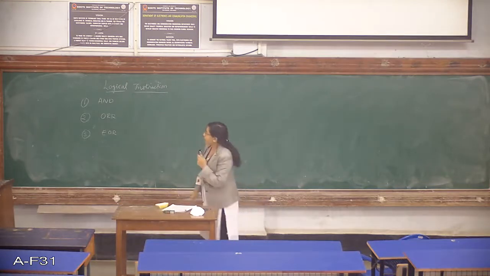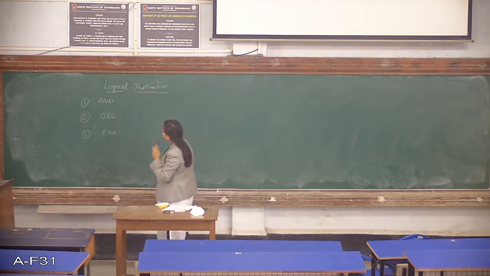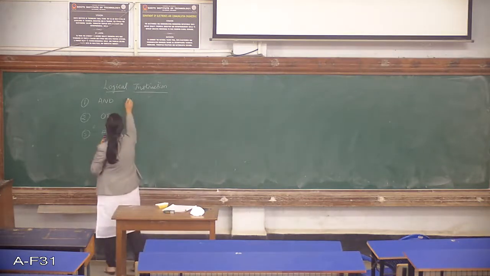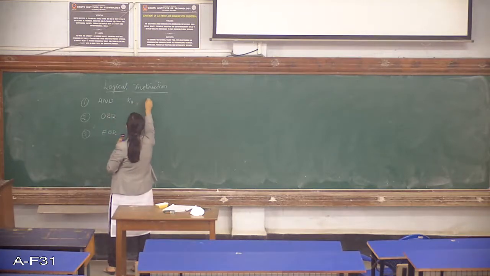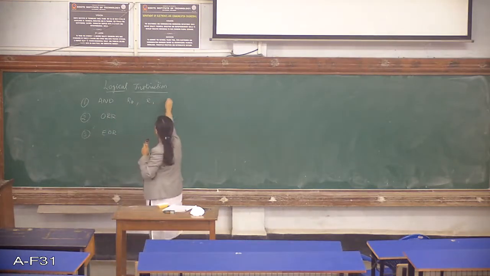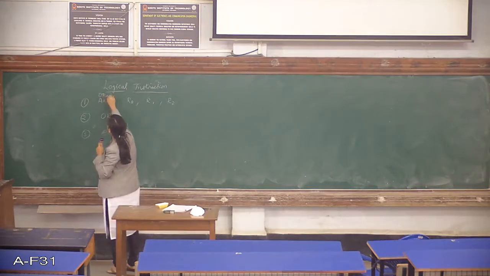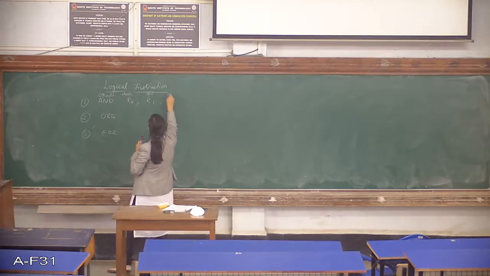Now how to write this instruction in the ARM processor? We will be writing this as AND, then R0, R1, R2. So AND is the opcode, R0 is the destination, R1 is operand 1 and R2 is operand 2.